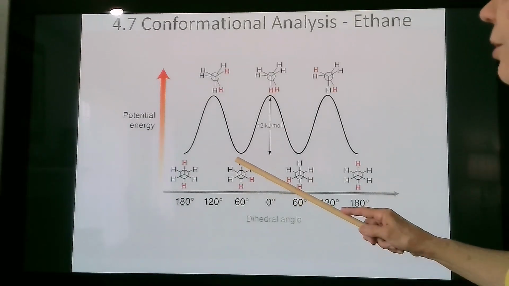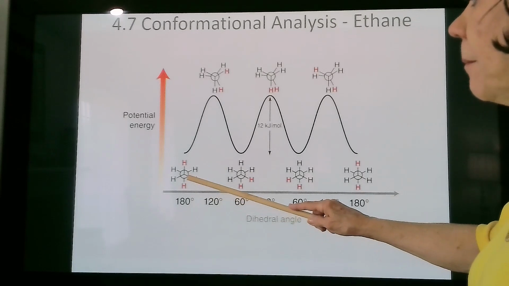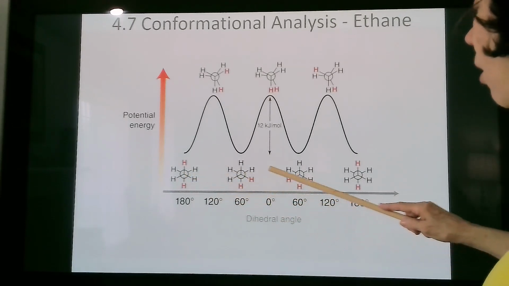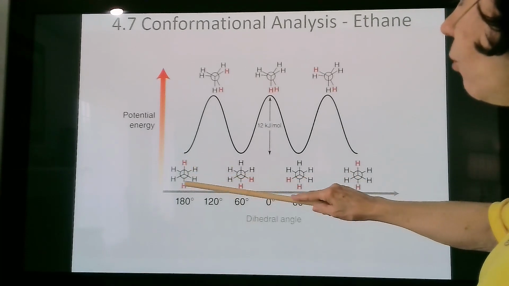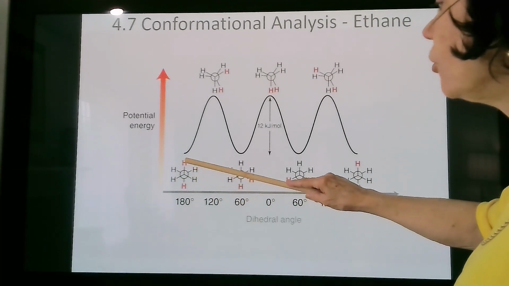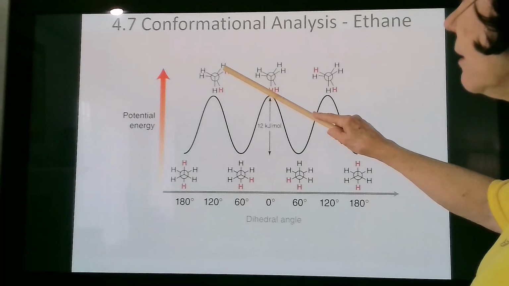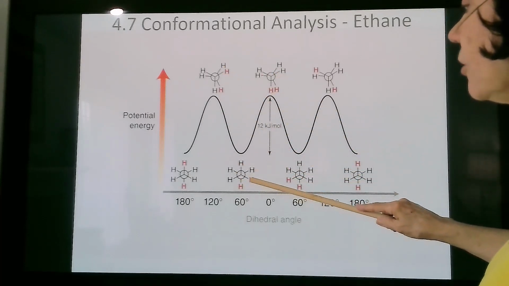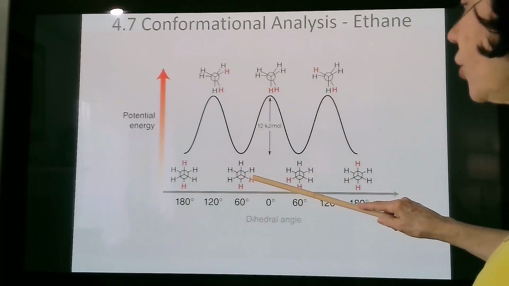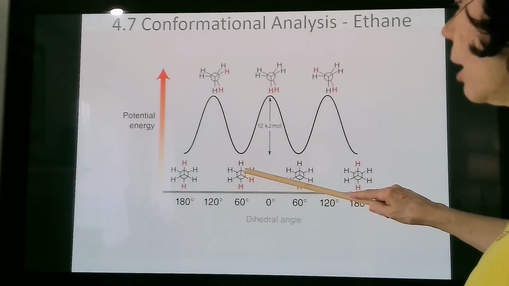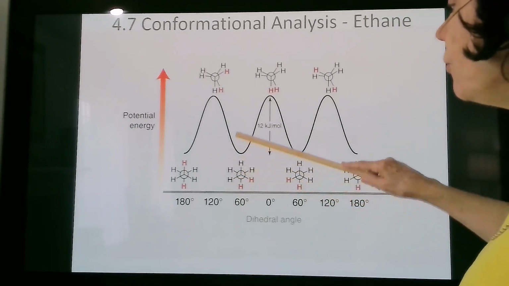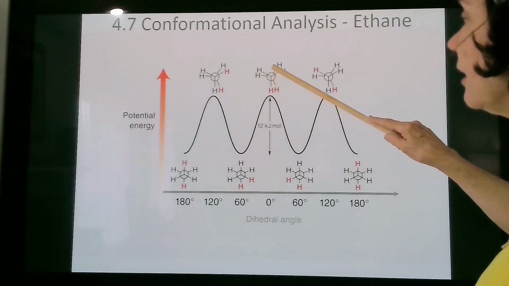So here you can see, let's trace this all the way around as the hydrogens in red rotate. So here first they rotate by 60 and they're eclipsed. Now they rotate by another 60 degrees and they're staggered. Then the front methyl rotates by another 60 degrees and they're eclipsed again.